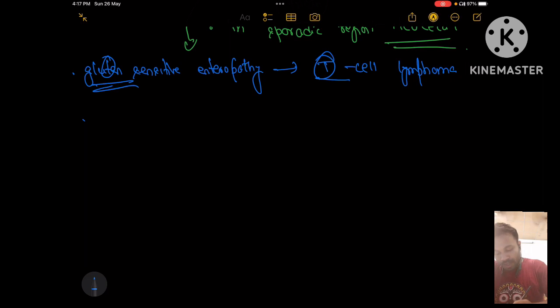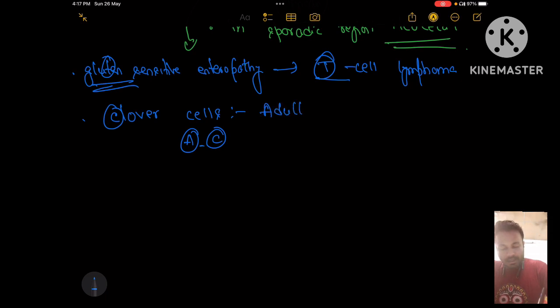Next, Clover cells. Clover cells are seen in adult T cell lymphoma or leukemia.